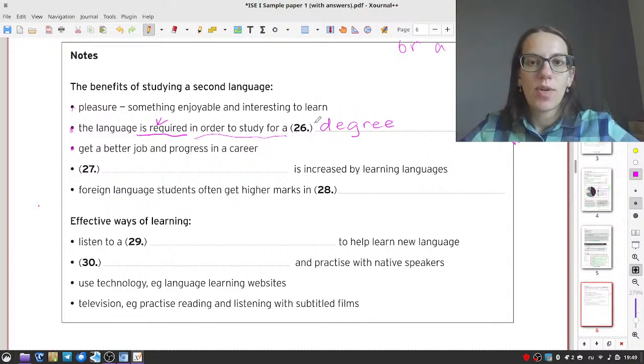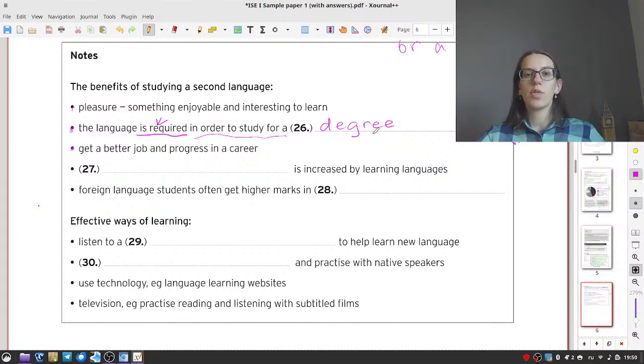So we just put the word degree here, and we're done with 26. In order to study for a degree. Notice how we took this word from the text, from text A, and we didn't change it. We just put the word here, and it makes sense.